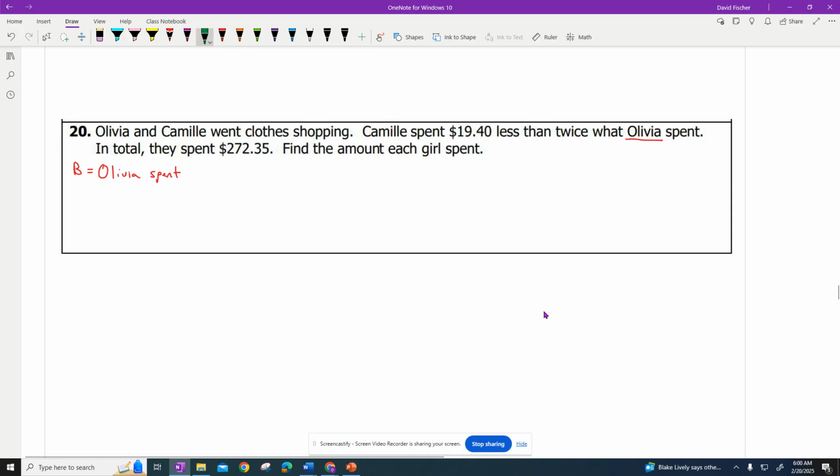Okay, so then let's see. Camille spent $19.40 less than twice what Olivia spent, so I don't know what Olivia spent. So I'm going to say let 2B be twice what Olivia spent, and $19.40 less than that. So there's Olivia, I want to let that be, who's the other girl, Camille?